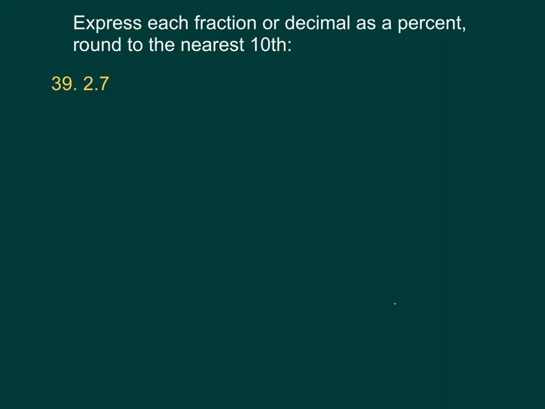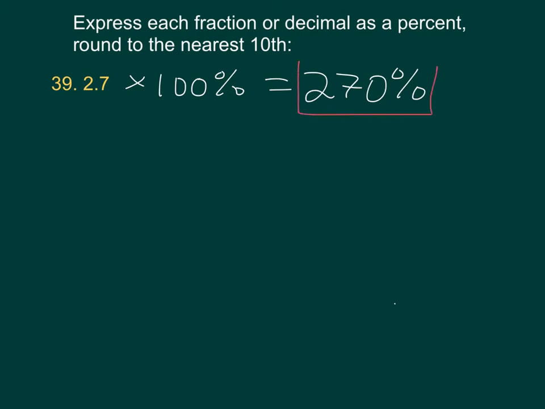39 asks us to convert 2.7 to a percent. So I multiply it by 100%, and I get 270%. Anytime I'm going from a decimal to a percent, I just have to multiply it by 100 and add the percent sign.